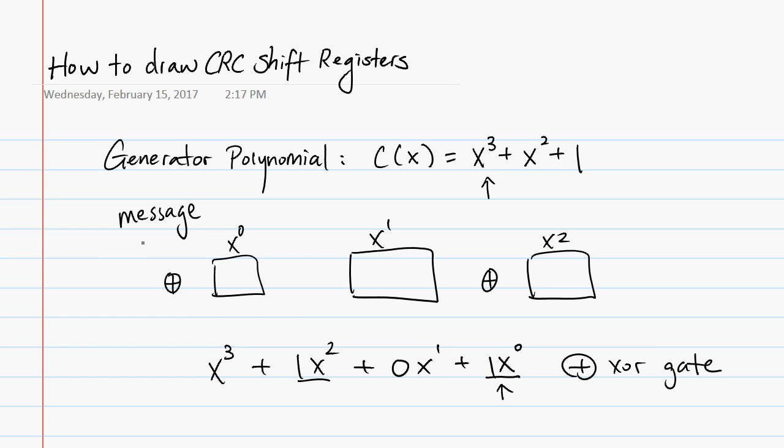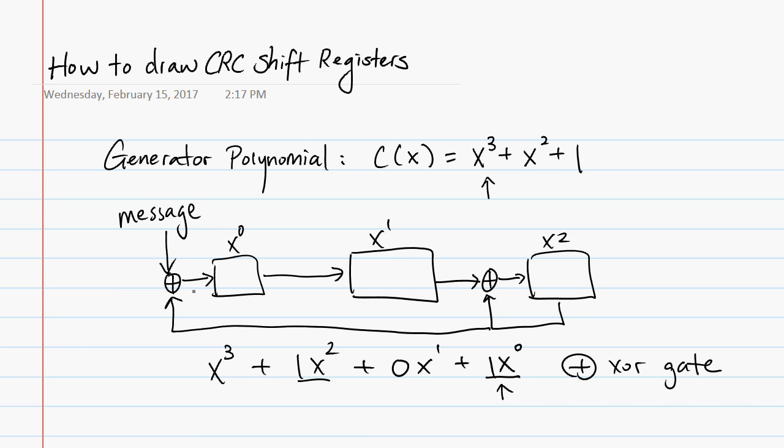The message, again, comes from the left and is fed into the right. Now, at the end, the message is going to be fed back into all the XOR gates. And there you go, that's your CRC shift register.